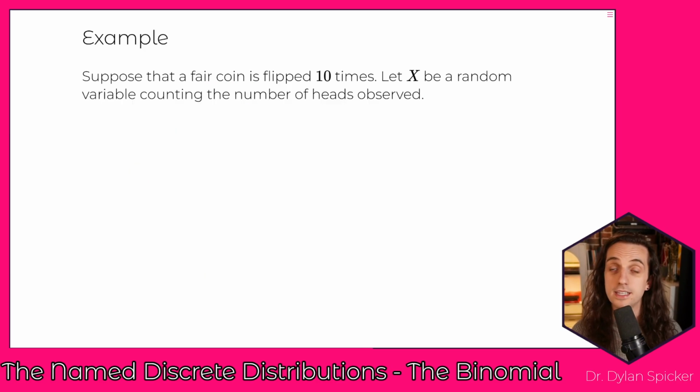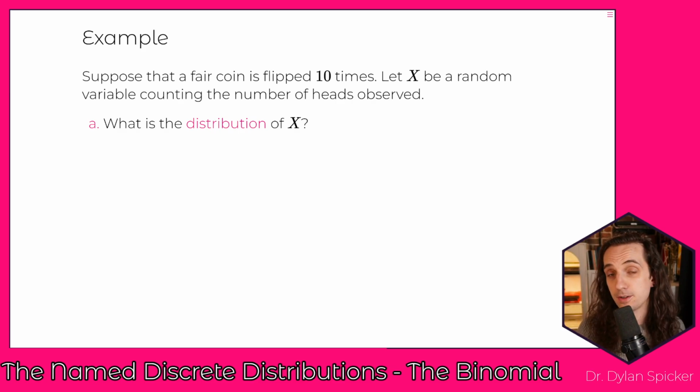So, taking the standard example, it's always going to be coin flips. A fair coin is flipped 10 times. X is going to count up how many heads we actually observe. So what is the distribution of x? Well, every time we flip the coin, we either get a heads or not. That's a success or a failure. We're repeating this a known number of times.